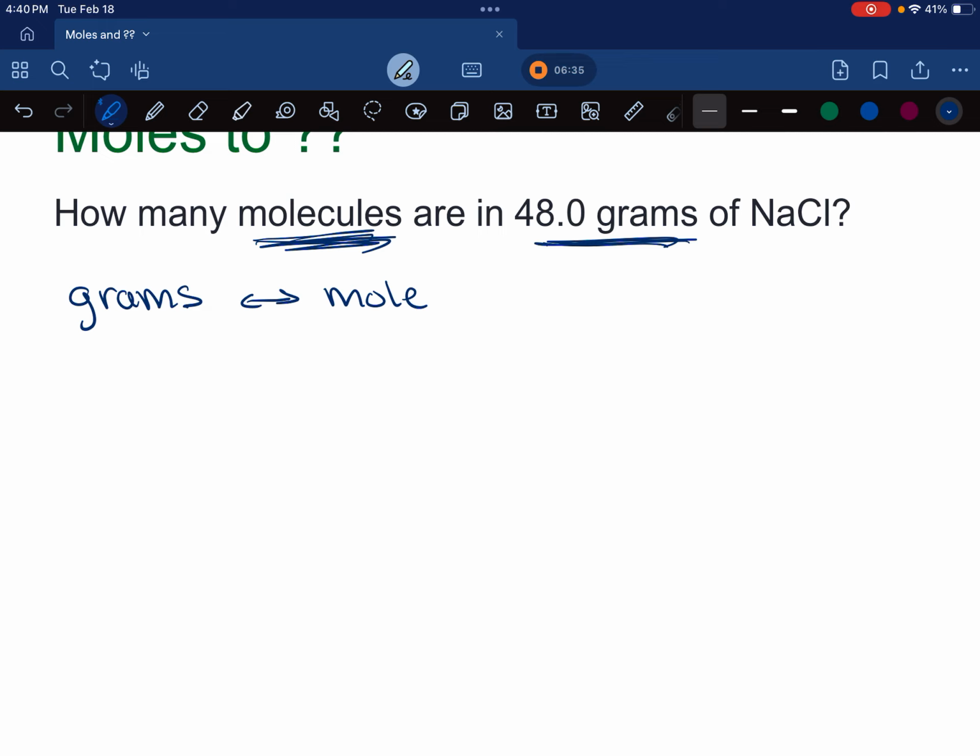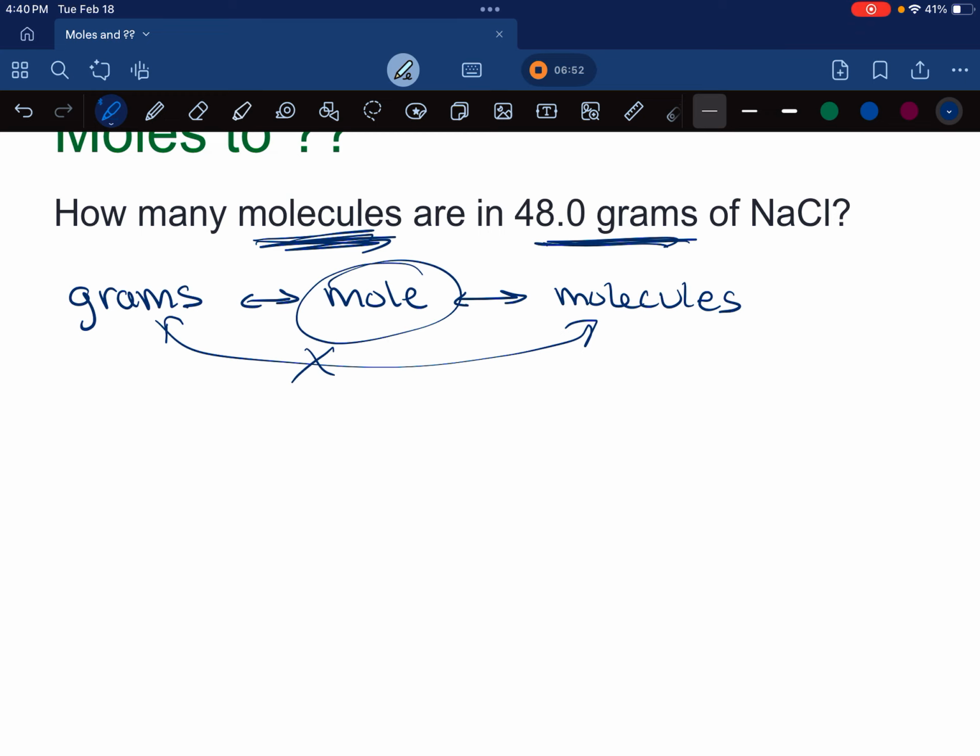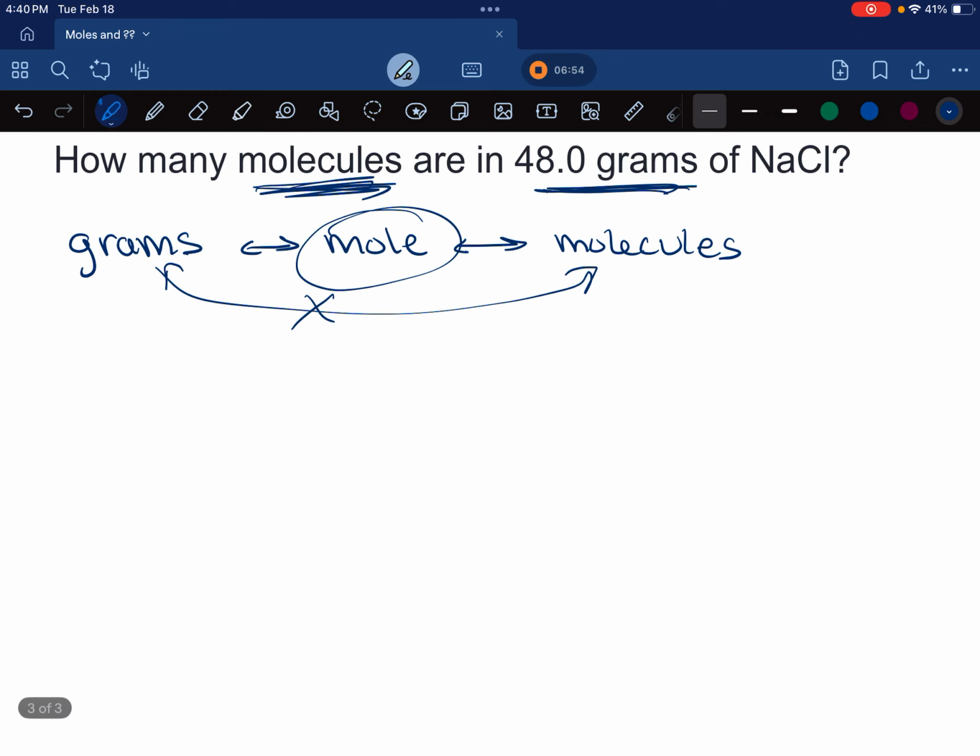In this case, I don't have a direct route. I'm going to go grams to moles, and then I'm going to go moles to molecules. So this can be a more challenging question, but again, I know that I don't have a direct grams to molecules. That doesn't exist, but they do have moles in common, so that's how I'm going to solve this problem. I already know the molar mass of NaCl from the previous problem, but if it was a different compound, I could just solve that the same way.